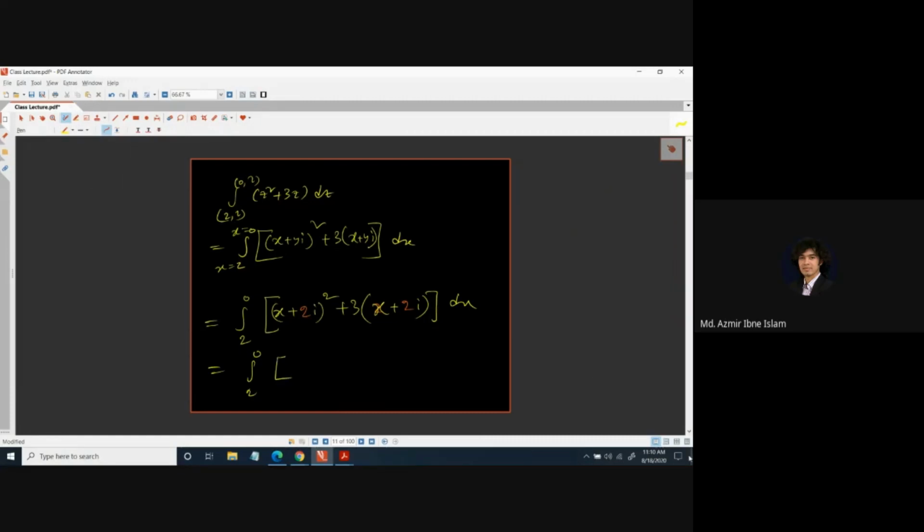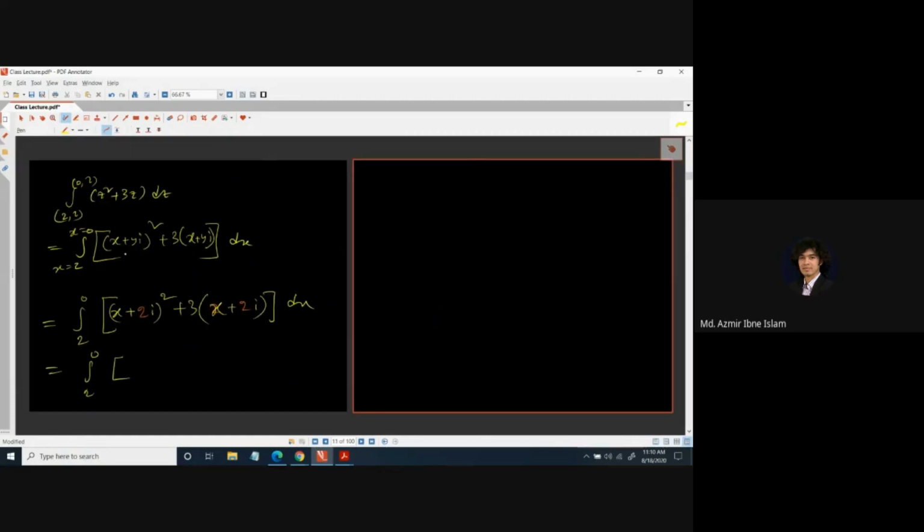It will be x squared plus 4xi plus 4i squared, plus 3x plus 6i, dx. So now we can write 2 to 0. After this simplification, what we can do?